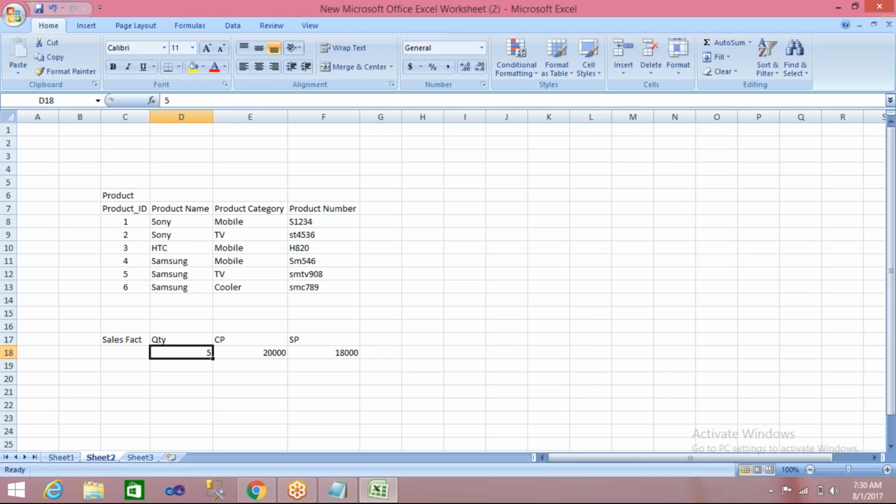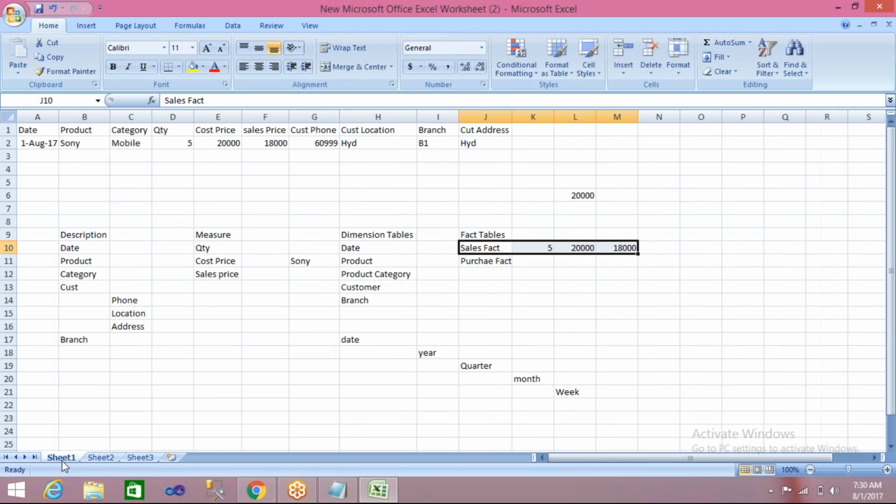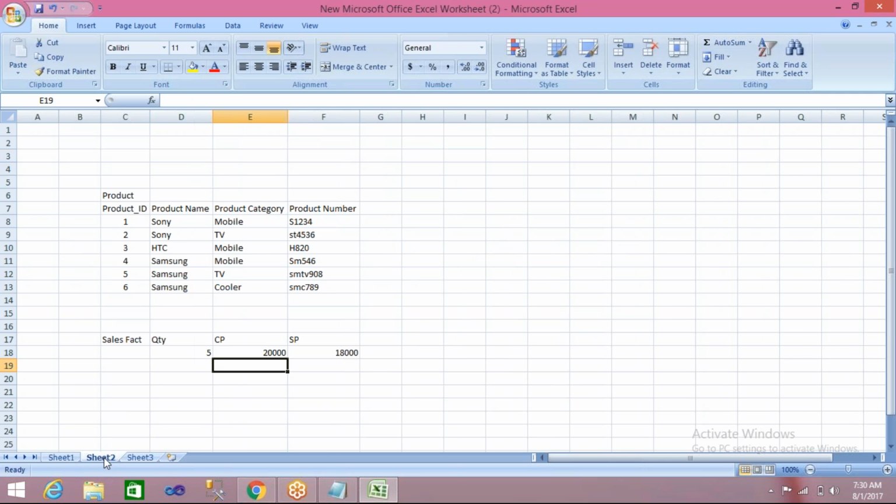For this particular record, this is from Sony Mobile. What is the ID for Sony Mobile in the product table? One. So instead of maintaining the description, we will get IDs and maintain those IDs in the fact table.